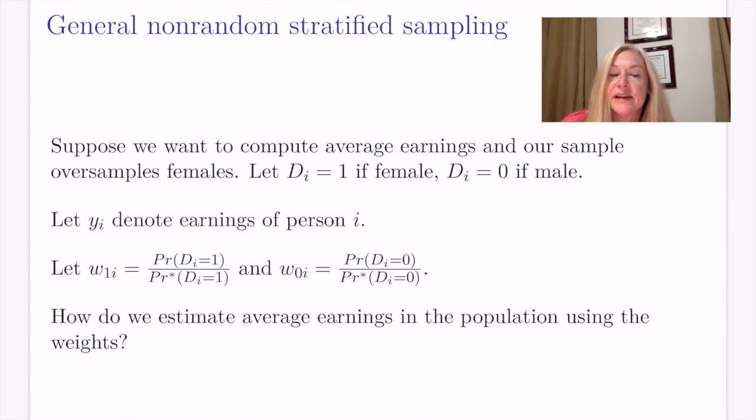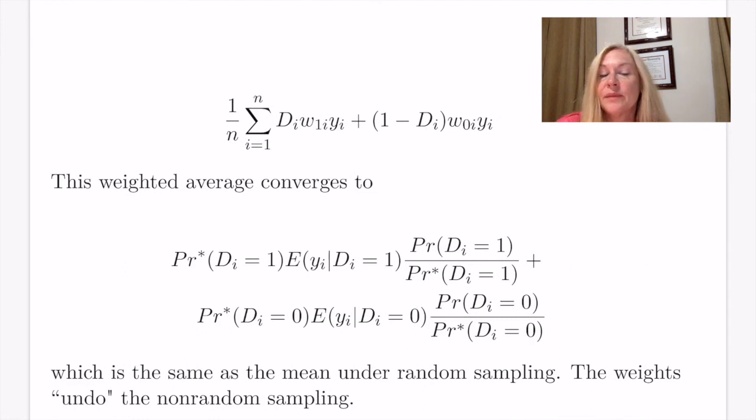Let yi denote earnings of person i, and d is 1 if female, d equals 0 if male. So the weights would be the ratio of the true probability divided by the sampling probability. Now how do we estimate average earnings? Well, this is just the average. See how d equals 1 switches on this part, d equals 0 switches on this part, and then the weight.